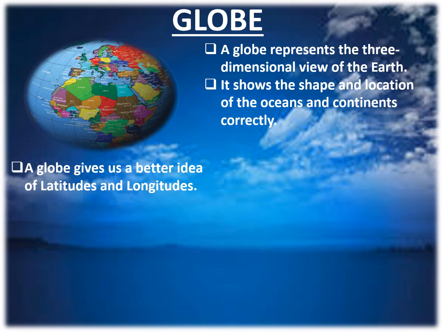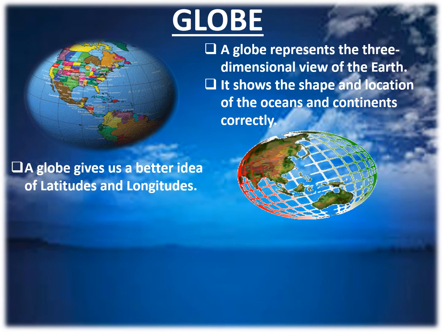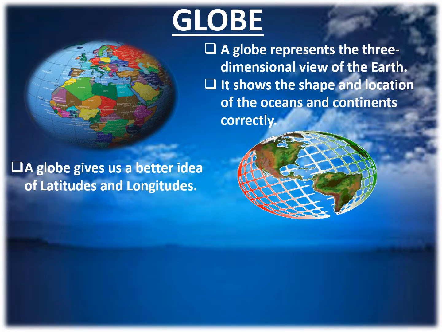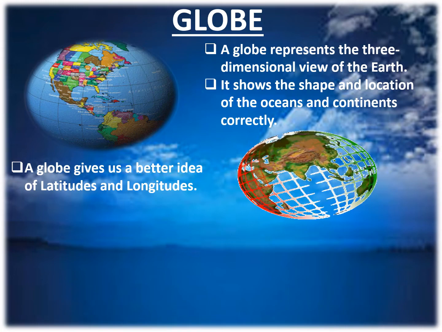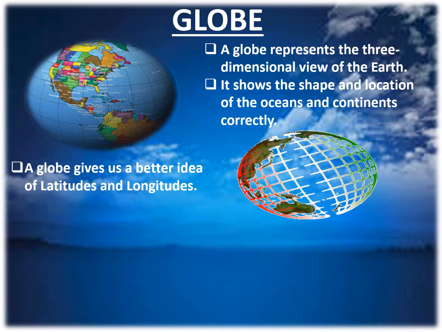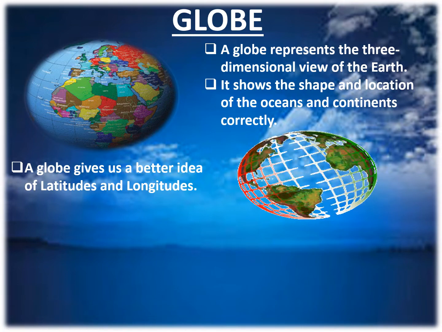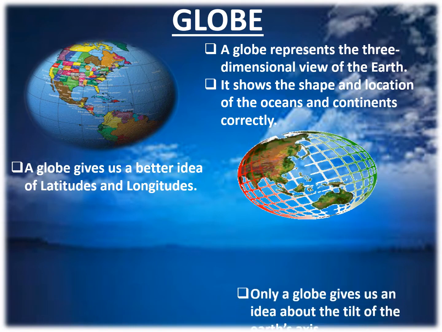Next, a globe gives us a better idea of latitudes and longitudes. Latitudes are the horizontal imaginary lines drawn parallel to the equator that go around the Earth. Longitudes are the vertical imaginary lines drawn as semicircles that run from one pole to the other pole.